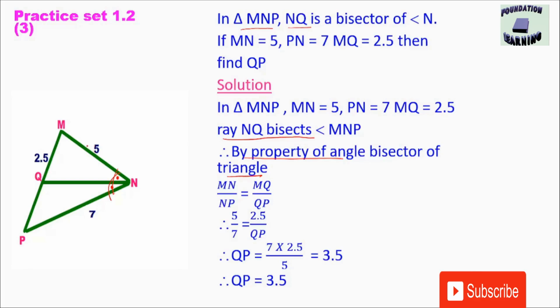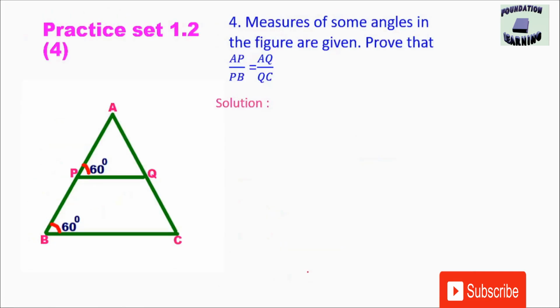MN is to NP will be equal to MQ is to QP. Now we substitute the values. MN is 5, it's given in the question. NP or PN is 7. MQ is 2.5 and QP we don't know. After cross multiplying, we get the value of QP as 3.5.